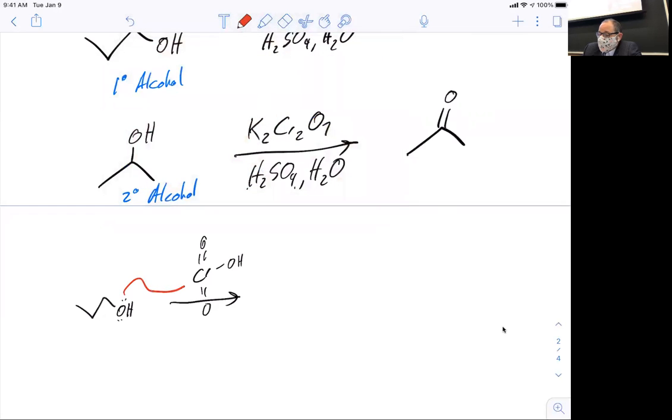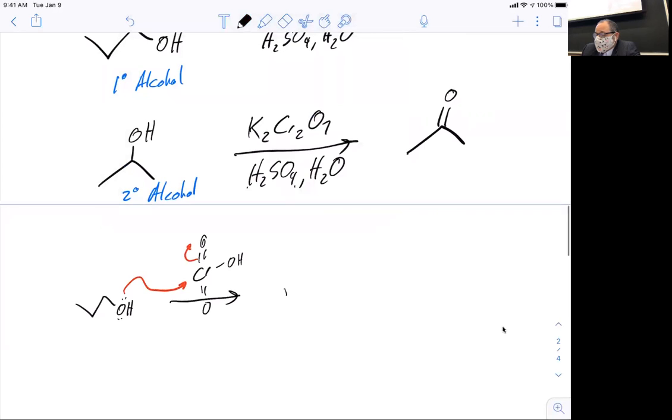So for a mechanism, we get attack of the alcohol onto the chromium.